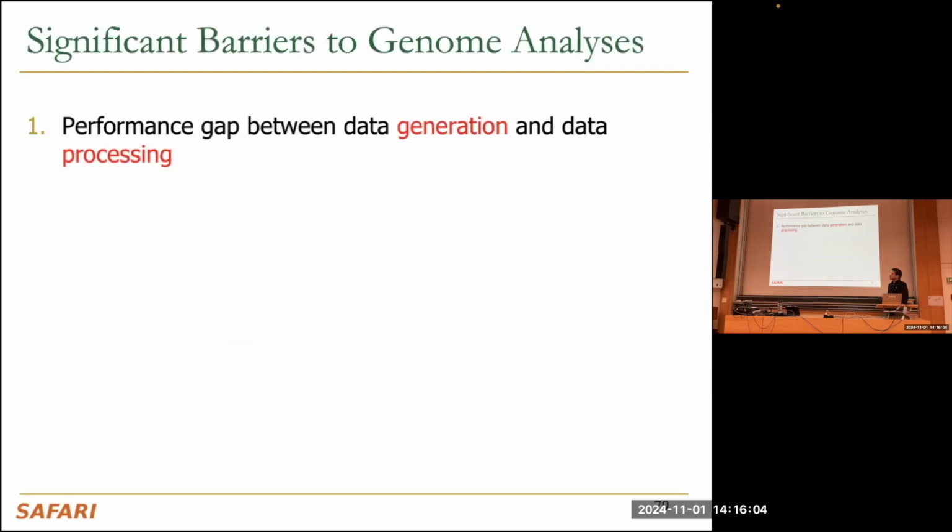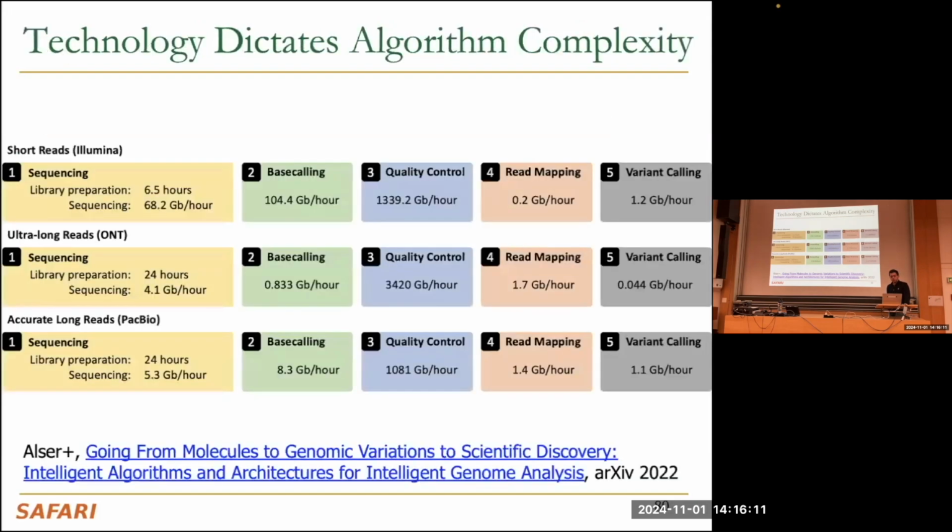And one big reason is there is a significant performance gap between the data generation and data processing, as we covered before. And when we look at the throughput at each step, starting from the data generation, where you sequence the data and you generate your data, and then you move further in the genome analysis pipeline, you perform your read mapping and maybe variant calling, you'll see there is a huge imbalance between steps.